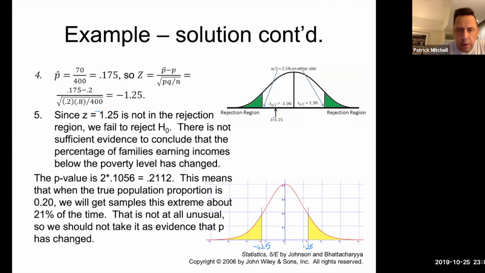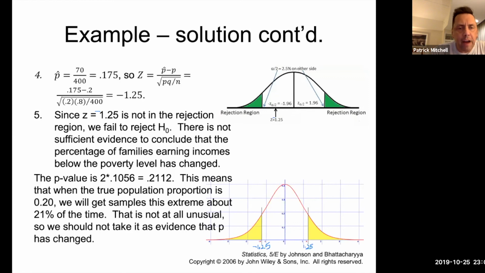All right, so now I think you can see how to get that value, right? You just look up negative 1.25 in your table. The area to the left of negative 1.25 is 0.1056. You multiply that by 2 to get the entire region like what you see in the picture.